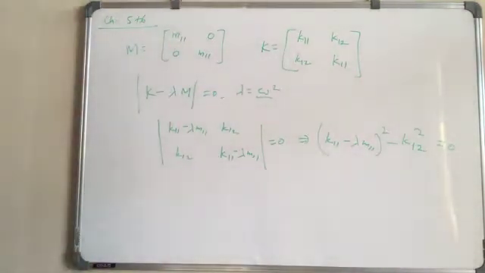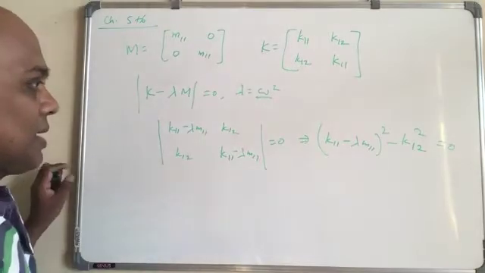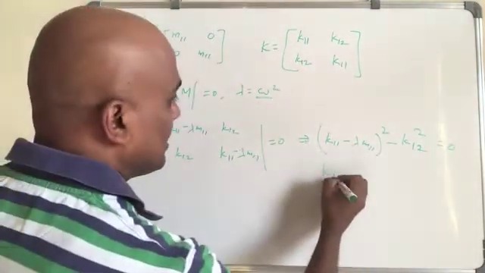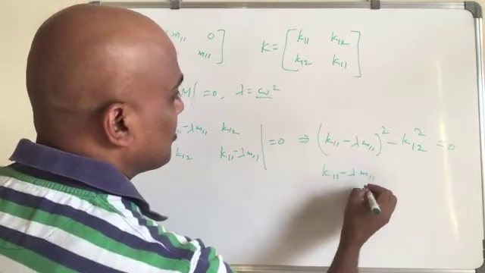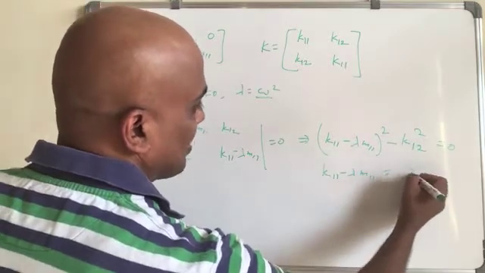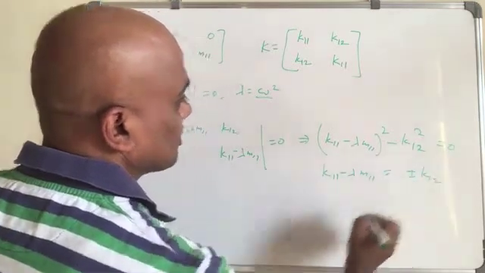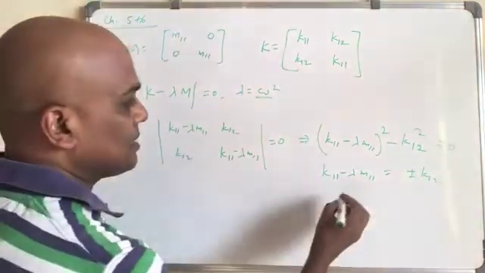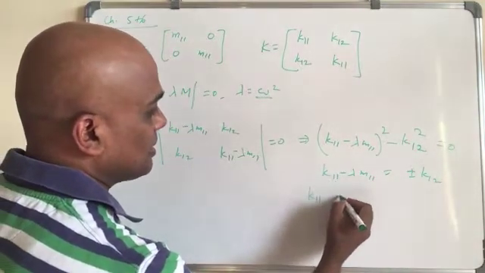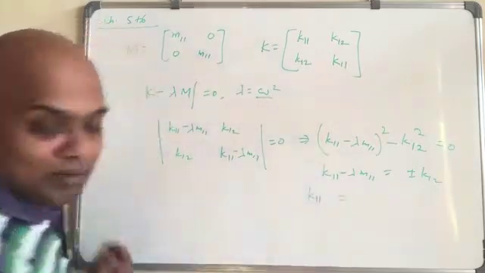Right? That's what you get. And that really means K11 minus lambda M11 is equal to plus or minus K12 simply, right?